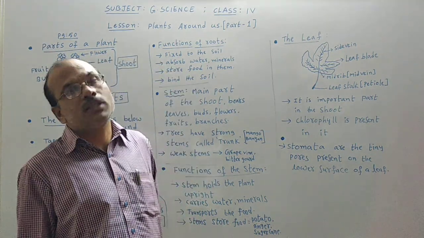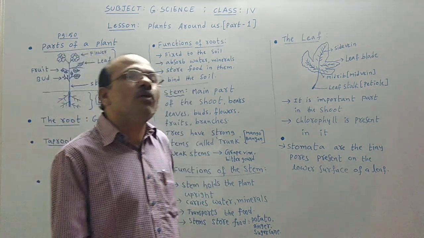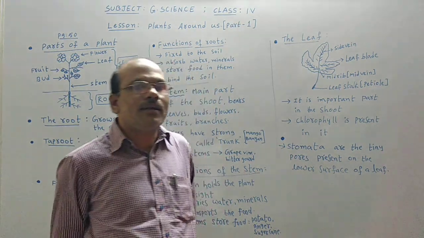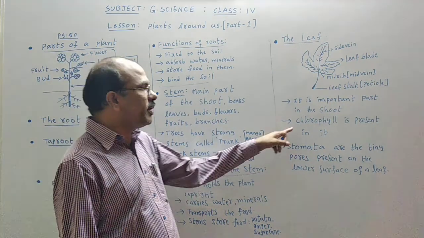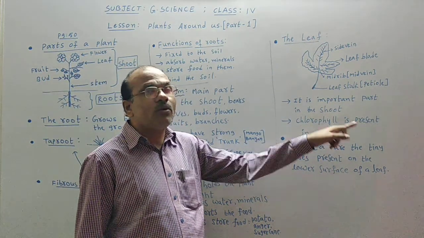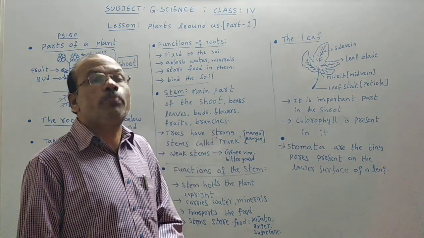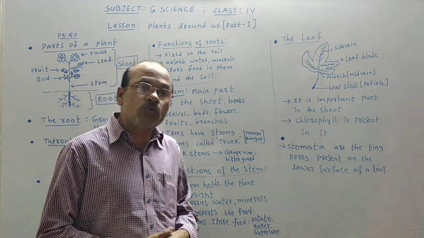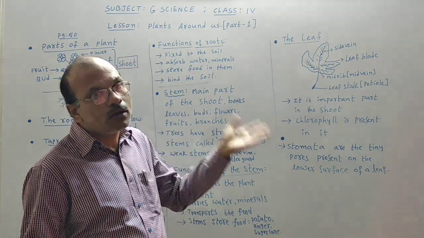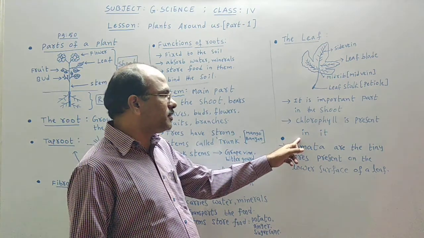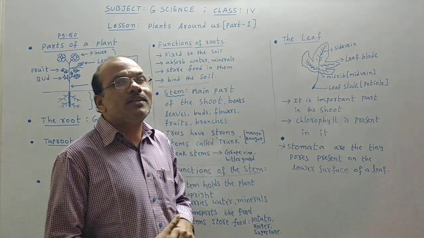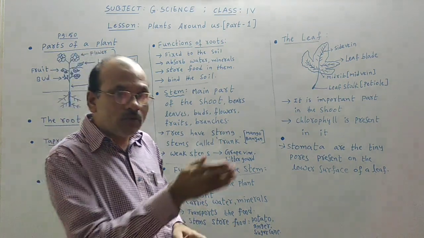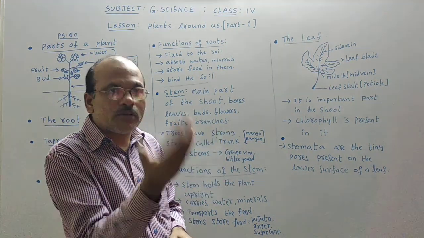Chlorophyll is a substance present in the leaf which gives green color to the leaf. That is chlorophyll. This we have to learn, memorize it. That is important.